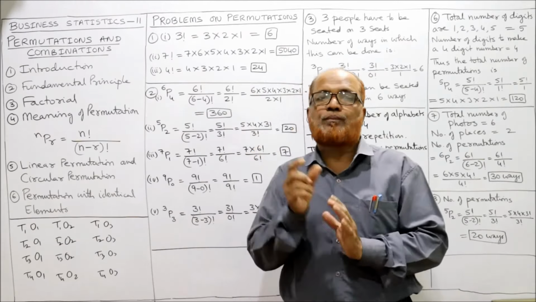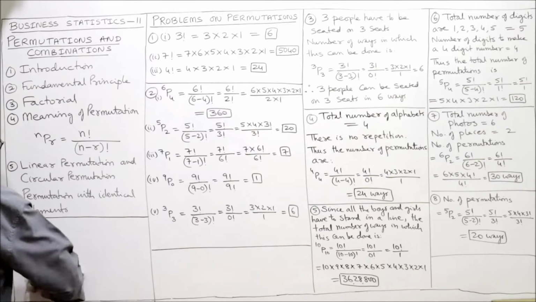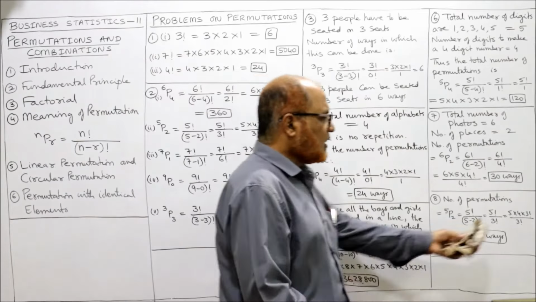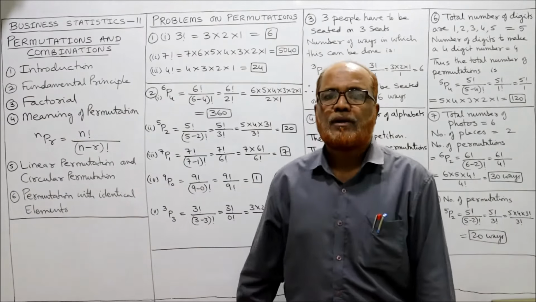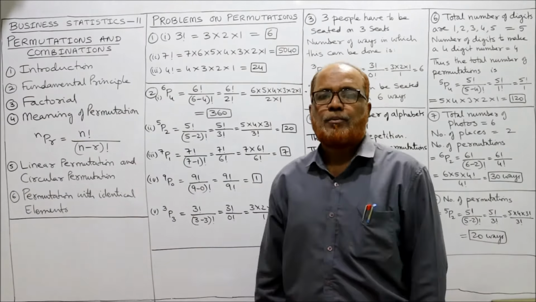Now factorial. A factorial of a number is simply the product of all the numbers up to 1. For example, 5 factorial. This is the symbol of factorial.